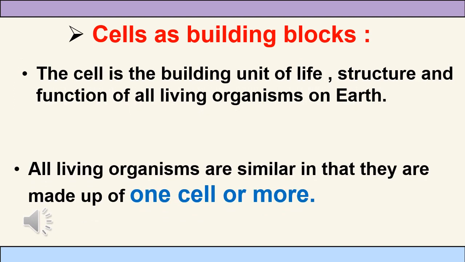Do you think that all living organisms have the same number of cells in their bodies? Definitely no. The living organisms are divided into two types according to their number of cells. We have some living organisms that consist of one cell, and some living organisms which consist of many cells.